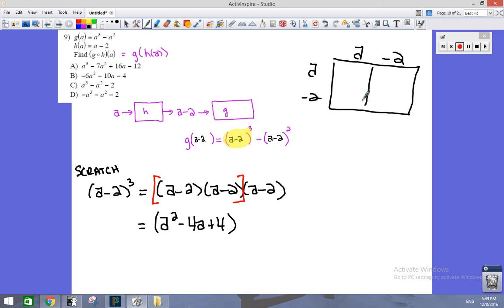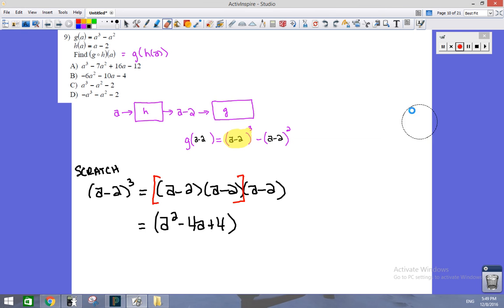And from the entries of the table, a squared, minus 2a, minus another 2a, and 4, you can see along this diagonal is how I got minus 4a. And along the other diagonal was the a squared plus 4. So you can definitely do it. You may not like doing it, but it's not that difficult.